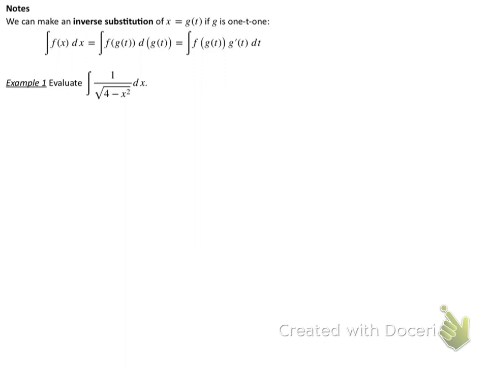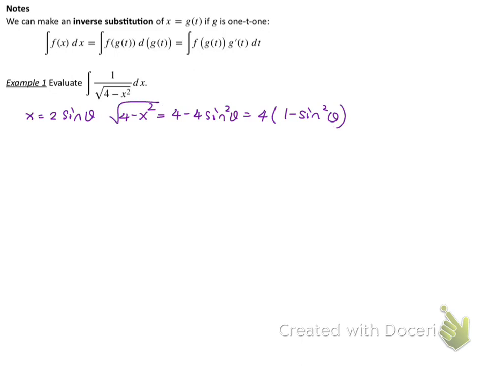So if my x is 2 sine theta, where theta is some other variable, then my 4 minus x squared will be 4 minus 4 sine squared theta, or 4 times 1 minus sine squared theta.